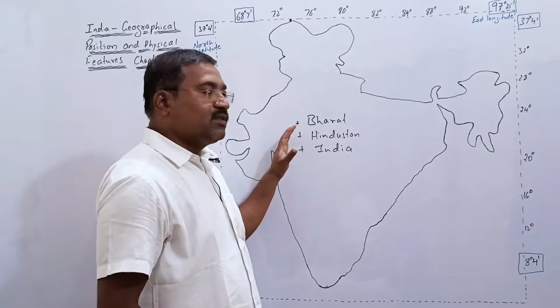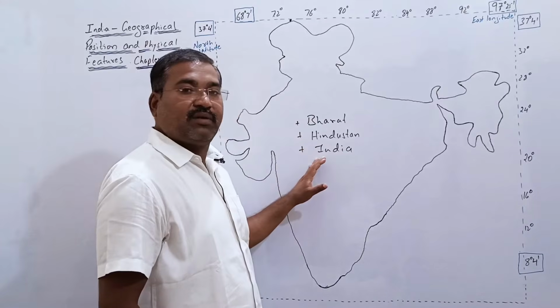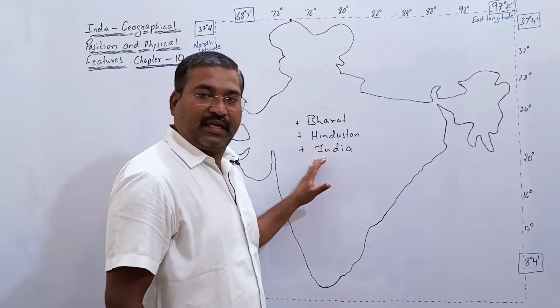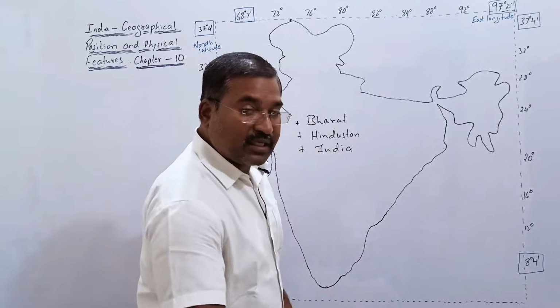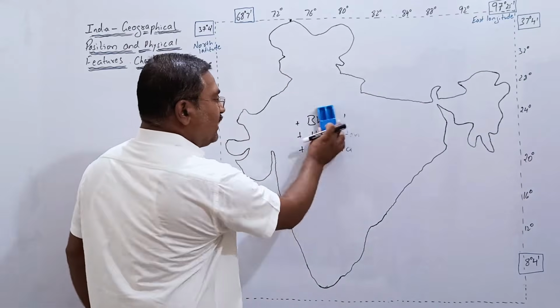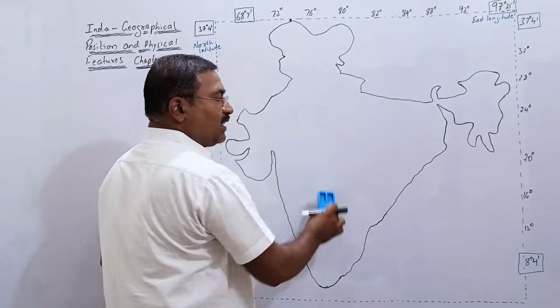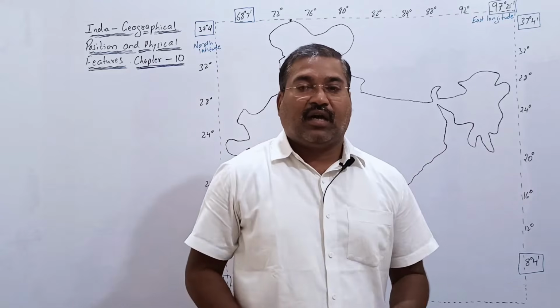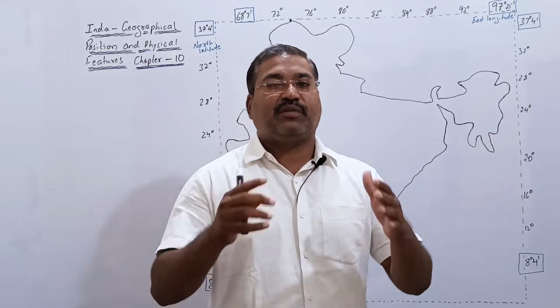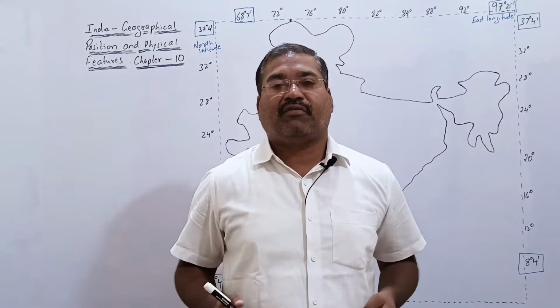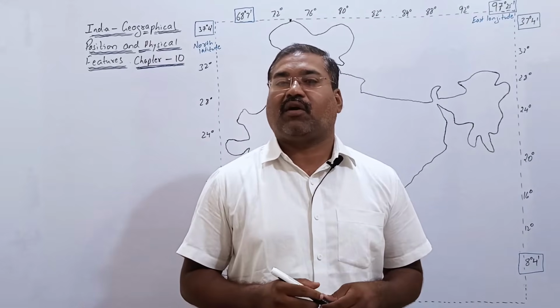One Bharat, second one Hindustan, third one what? It is said as India. In this physical geographical position, let us learn how much area it spreads over on the basis of latitudinal lines as well as longitudinal lines.